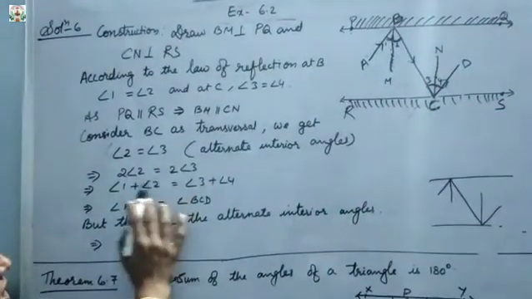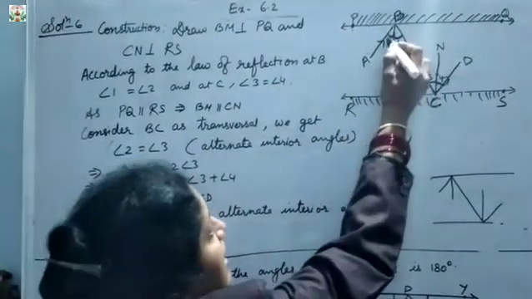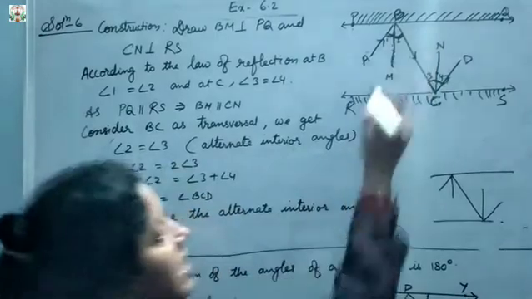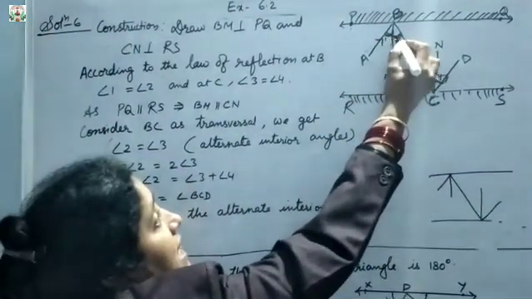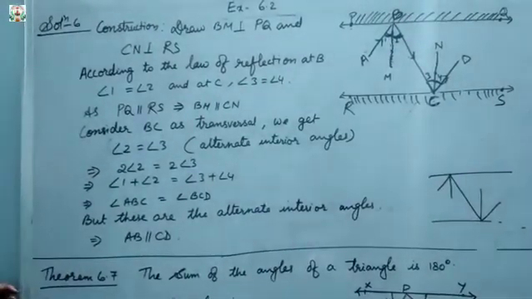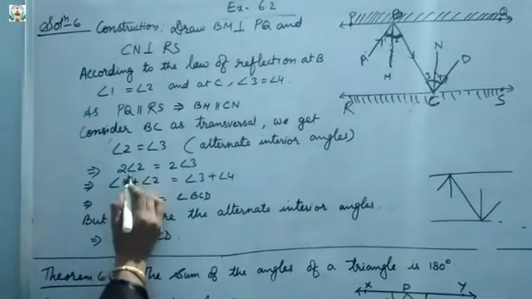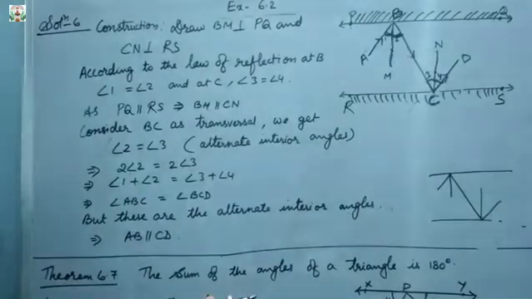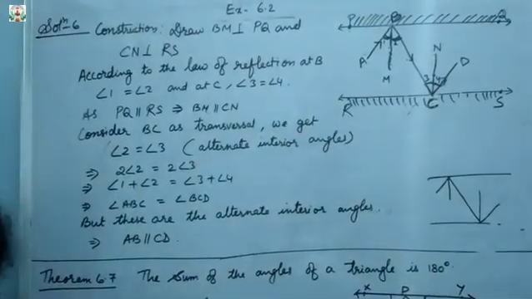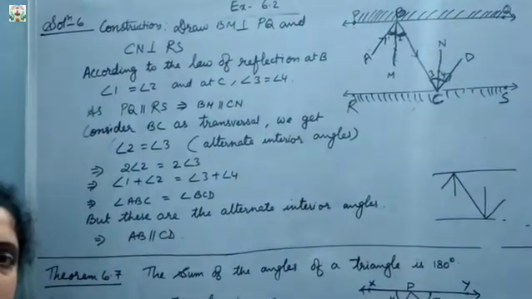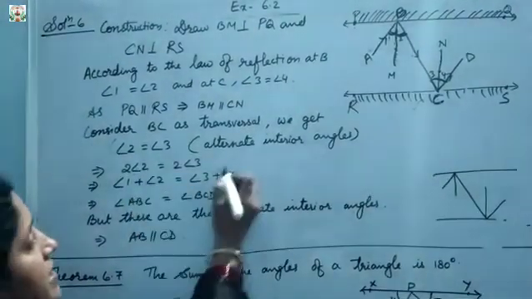Okay. After that, angle 2 means what? We know that this angle 1 plus angle 2 means what? The incident angle is equal to the reflected angle, we know. So I can break this as angle 2 plus angle 2, and in place of angle 2 I can write angle 1 because the incident angle is equal to the reflected angle.